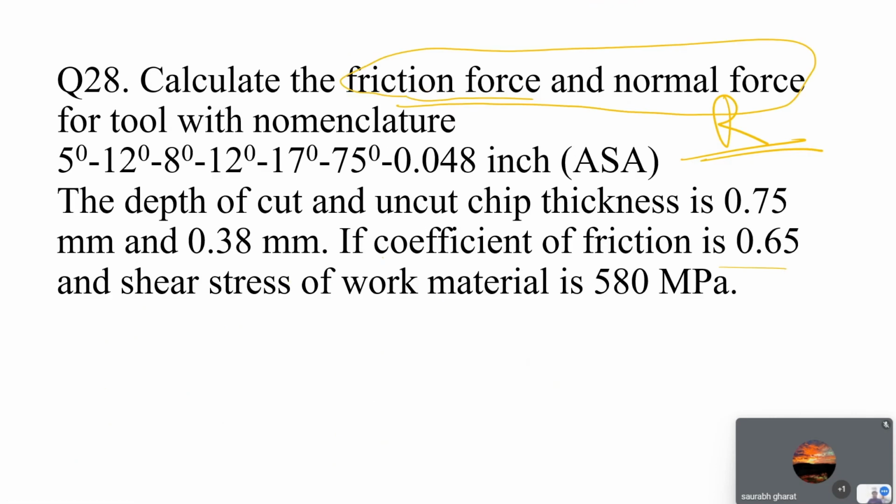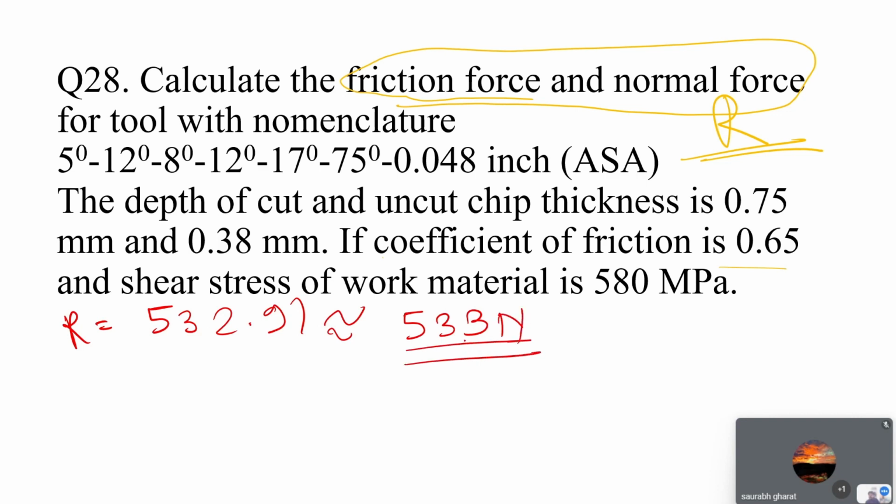Because from the previous question we got R, which is equal to 532.9, which can be approximated to 533 Newton.